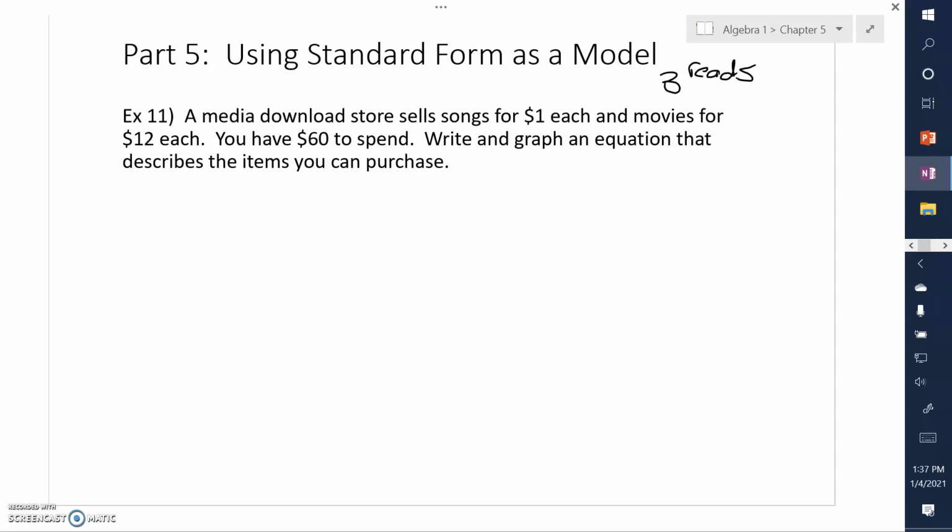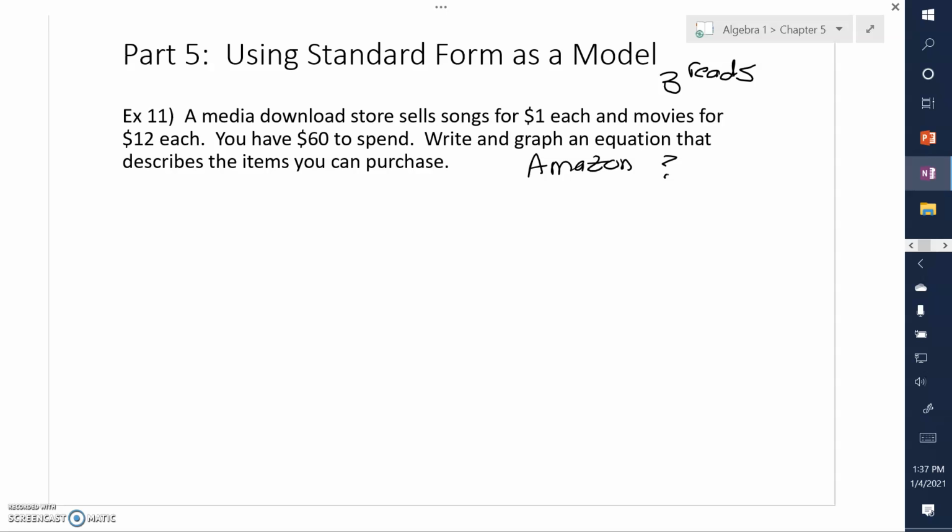So my story is I'm downloading songs and movies from a store. The first place I could think of that does that is Amazon. There could be other places, but for me it's Amazon. And Amazon sells a song for $1 each and movies for $12 each. So now the second thing we want to do is look at the question.